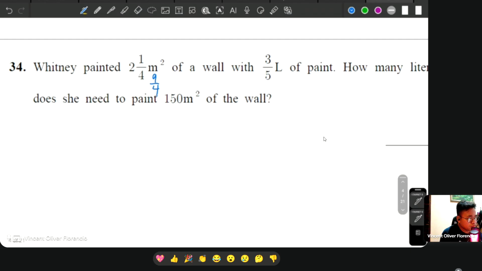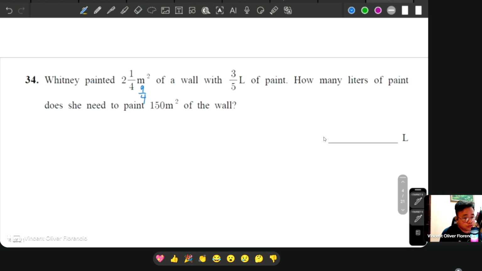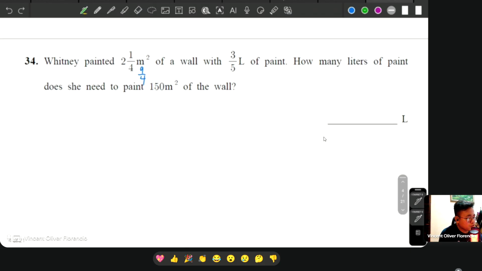So it says there, again, this should be consistent. This is the area, and the one you're looking for is the amount of paint. So the pattern here, the template, is going to be what? Area is to amount of paint. The area on the first one is 9/4, and the paint used is 3/5 liters.